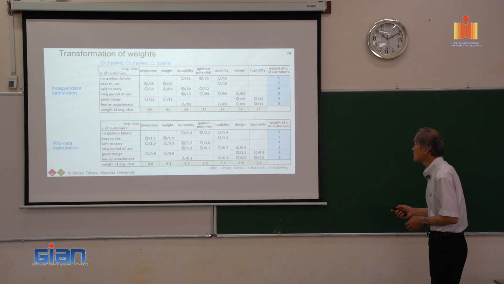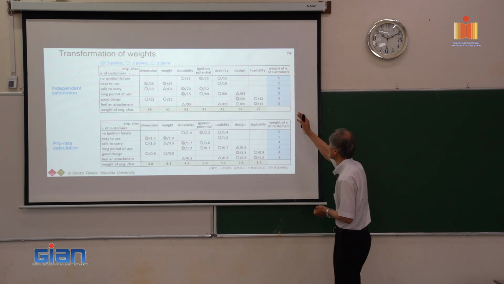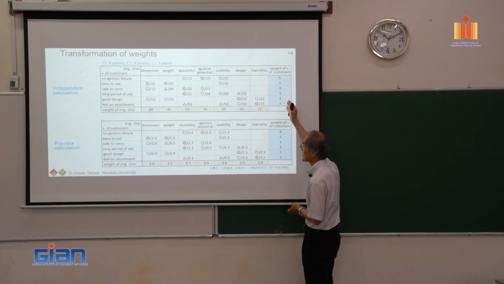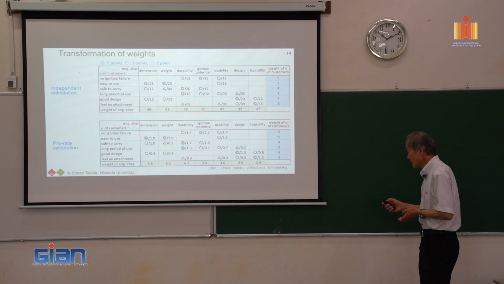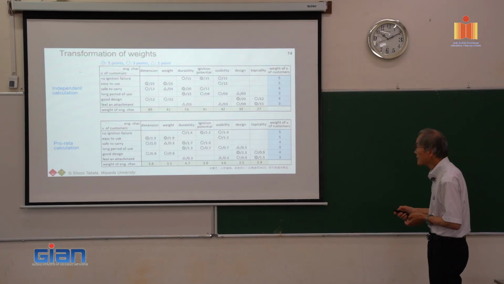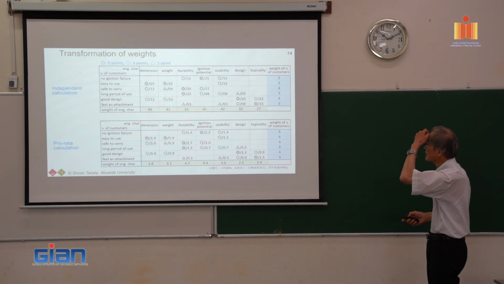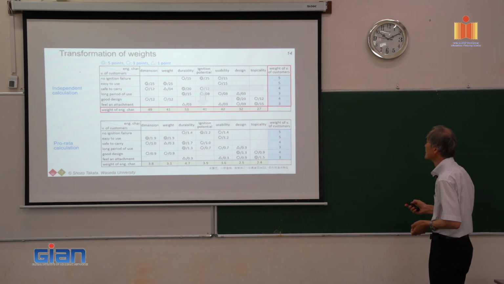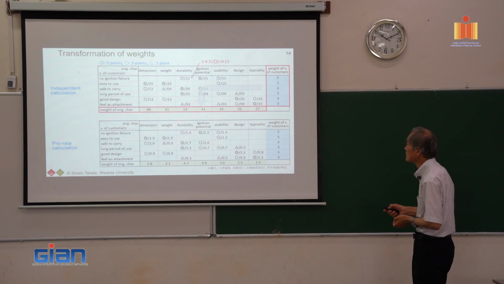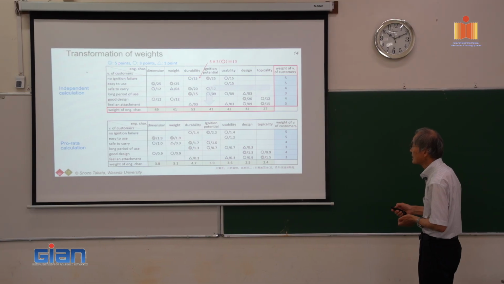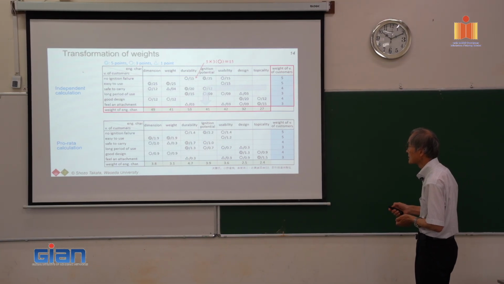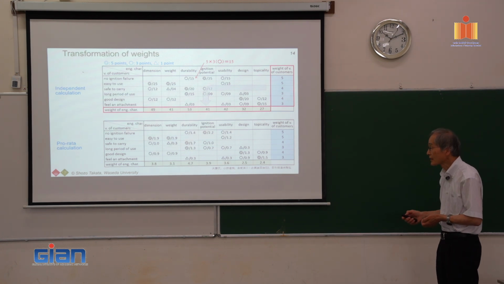And the way to transfer or transform the weight of the customers to the engineering characteristics, there are two ways. One is the so-called independent calculation. Here, the double circle has 5 points, single circle has 3 points, and triangle is 1 point, for example.